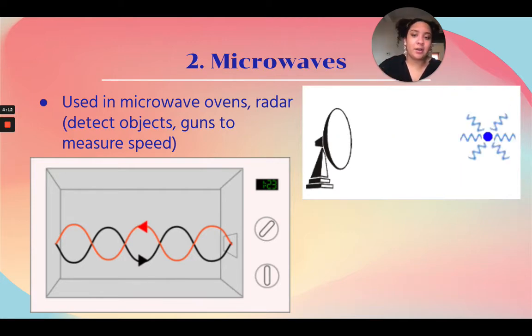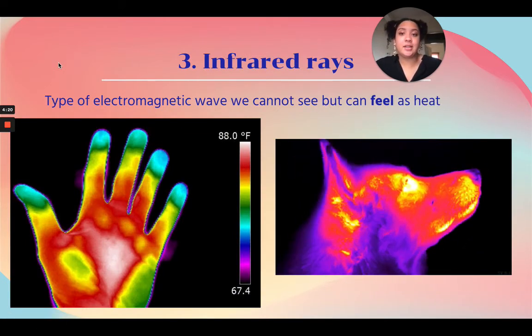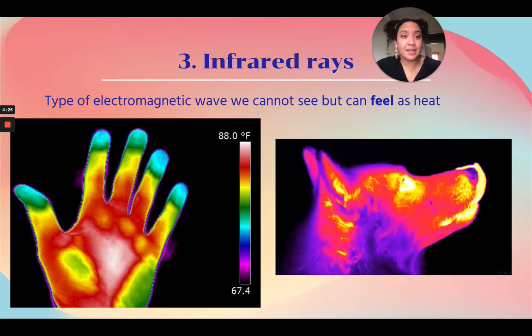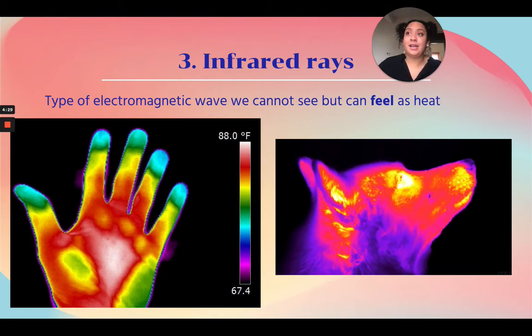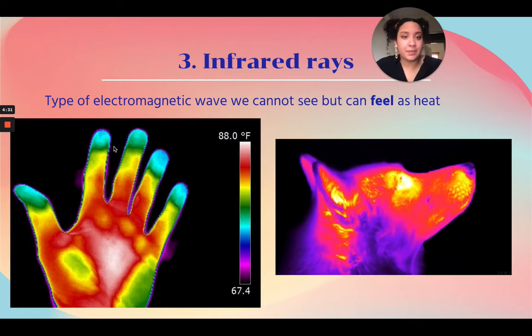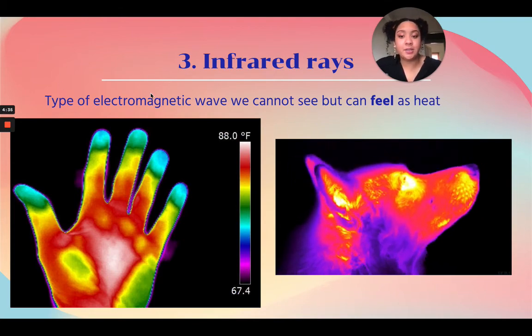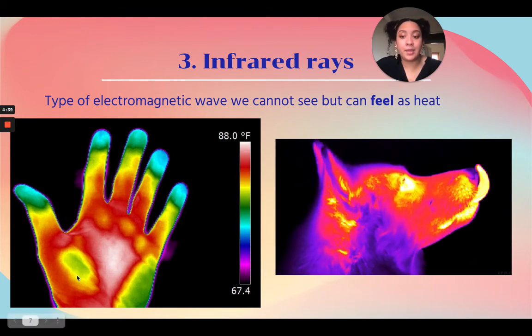That's a radar detecting your speed. Next is infrared rays. Those are a type of electromagnetic waves that we can't see, but we can feel as heat. The things that we feel when it's hot outside, those are infrared rays. If we touch something hot, those are the infrared rays that are giving off that heat.